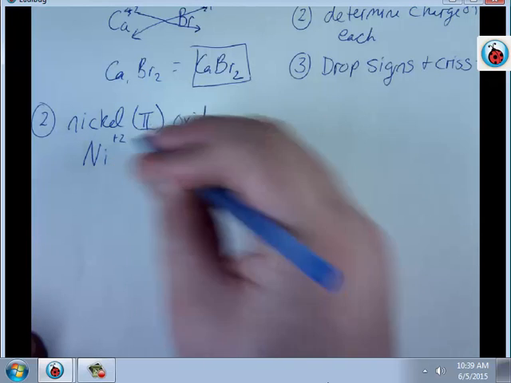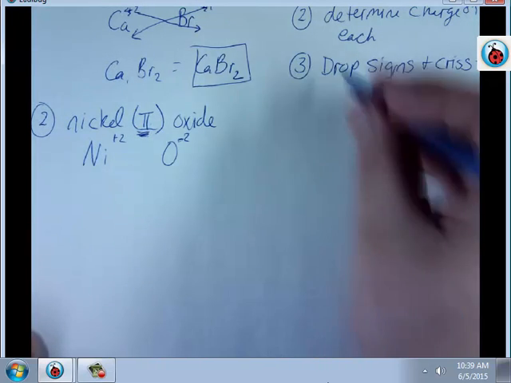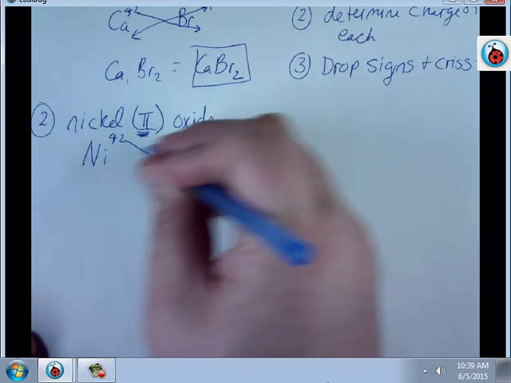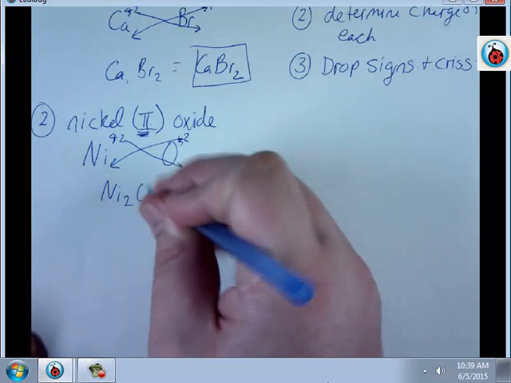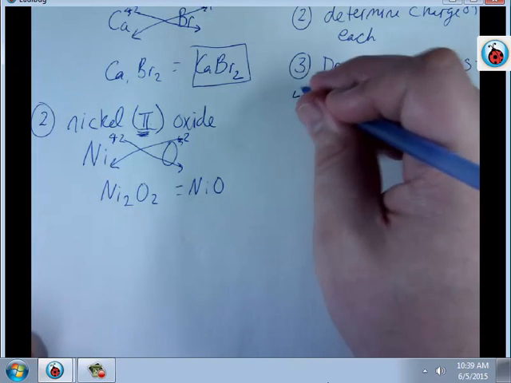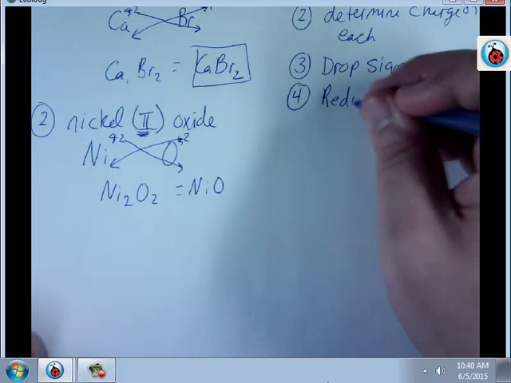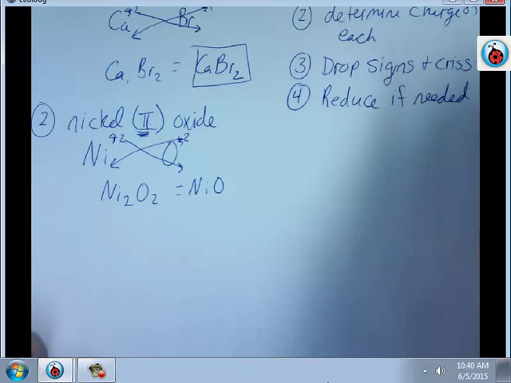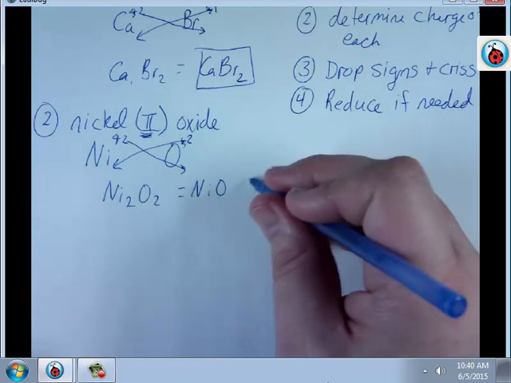That's what this tells us. Now I'm going to drop the signs and crisscross. So I get Ni2O2, which is NiO. So we're going to go back up to our list and reduce if needed. This is the same way as 2 over 2 equals 1 over 1.